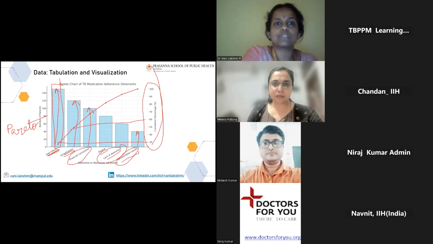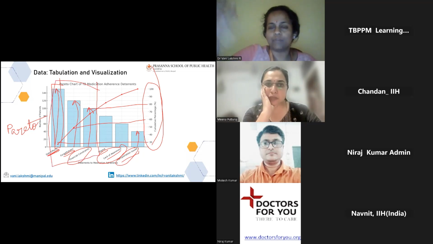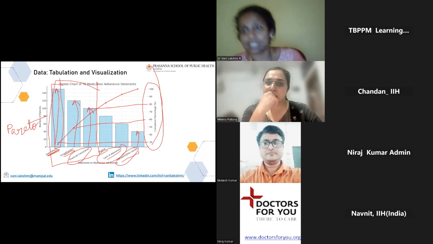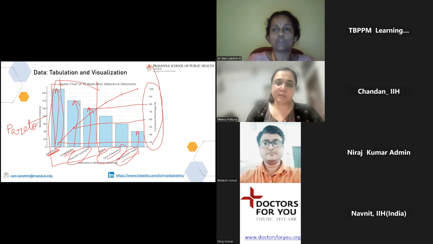So I understood that 80% of the problems, if you solve these three top, high priority problems, can help you improve adherence at a much faster rate. So a Pareto chart helped me understand this. It's a combination of a line and a bar chart to help me understand what the barriers are that stop people from taking medications.